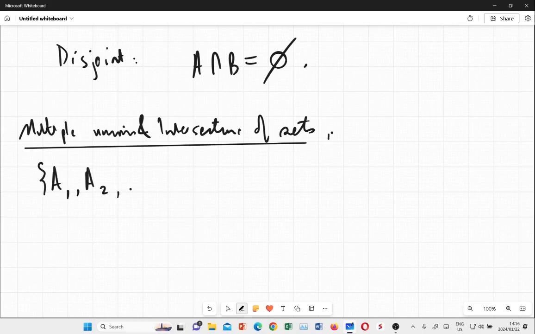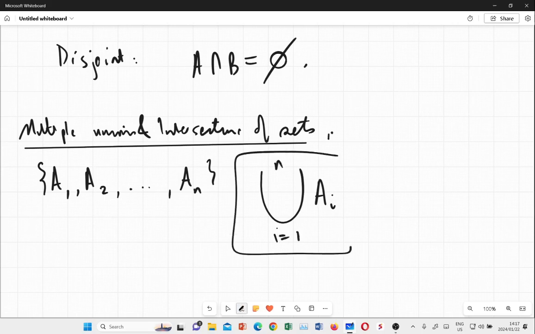So it's A1, A2 all the way to AN. So I've got n sets. Then how do I actually add n numbers together, just as in numbers? Same thing, you just pool all of them together. So the pooling of all of them together, we denote it as the union of AI, where I runs from 1 to n. So this is called the union.